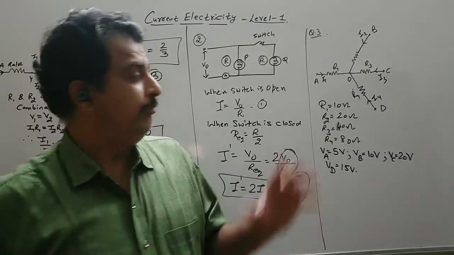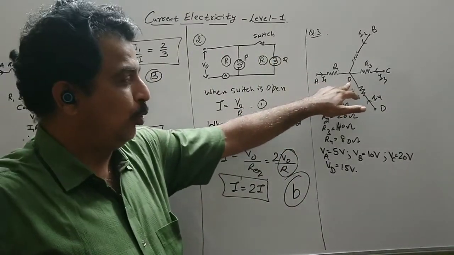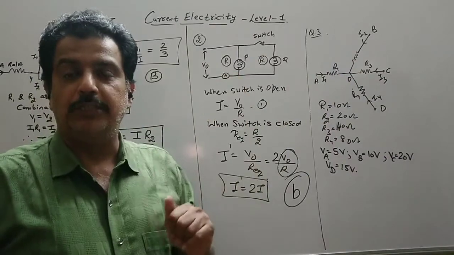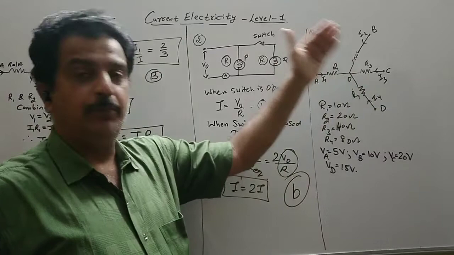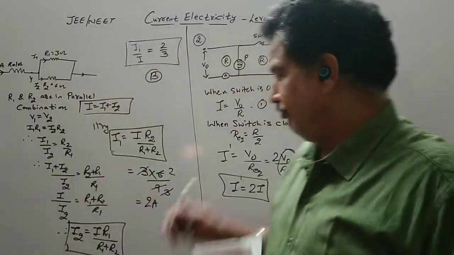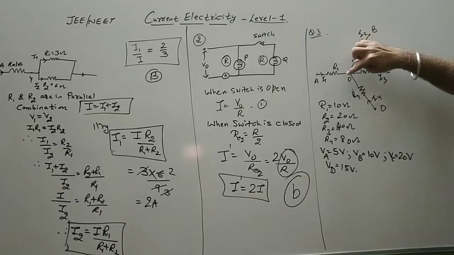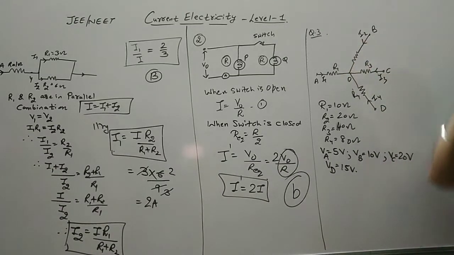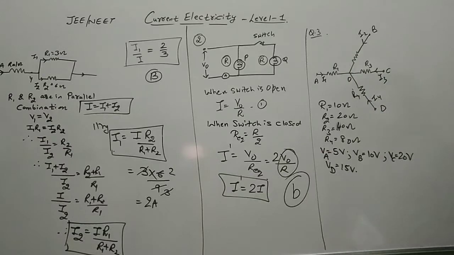If point A is at high potential and point O has low potential, then the current will flow from A to O. And if O is at high potential as compared to A, the current will flow in the opposite direction. So first we have to find out the potential at this junction, because when the potential is known at this point, then and only then will we be able to determine the correct direction of the currents.